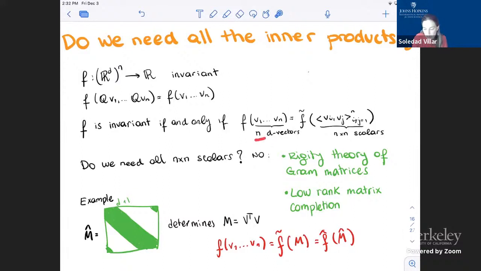Say that your input is n vectors in R^D, and then your features are going to be n squared scalars, but actually you can use fewer of these n squared features. If you have these observations from your matrix, this is enough to determine your matrix because your matrix is rank D. So you could have a nice design of scalars where you don't make your parametrization go to n squared number of features, if you really care about the efficiency of that.